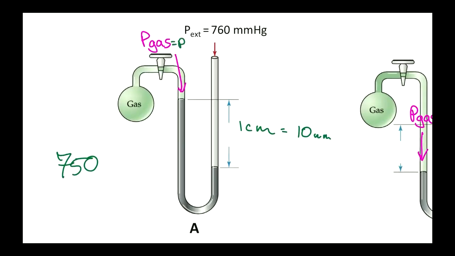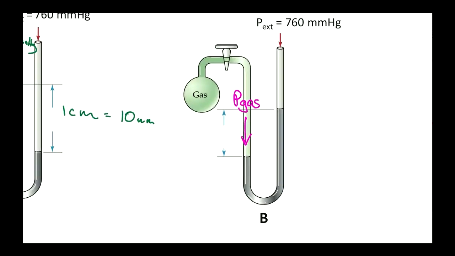The pressure of the gas is 750 millimeters of mercury, all right? We said the height of the mercury right here is also 10 millimeters. So if you add those pressures up, 750 millimeters plus 10 millimeters equals the pressure exerted by the atmosphere, so it equals 760. Do you see how that happens?